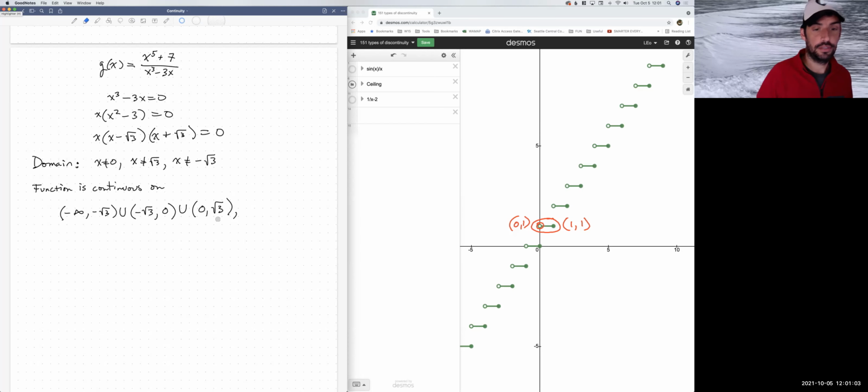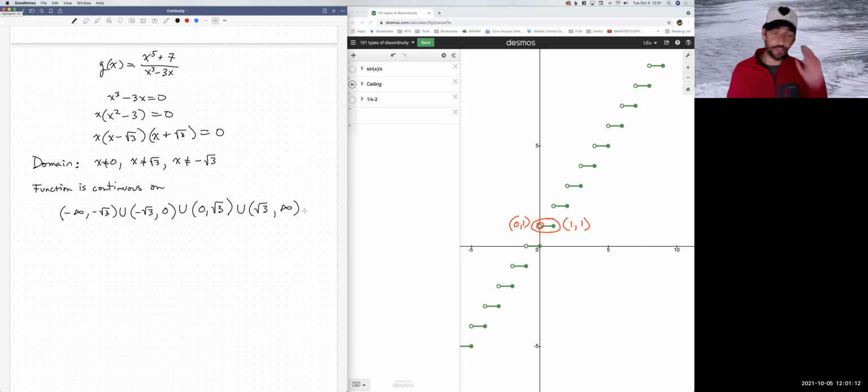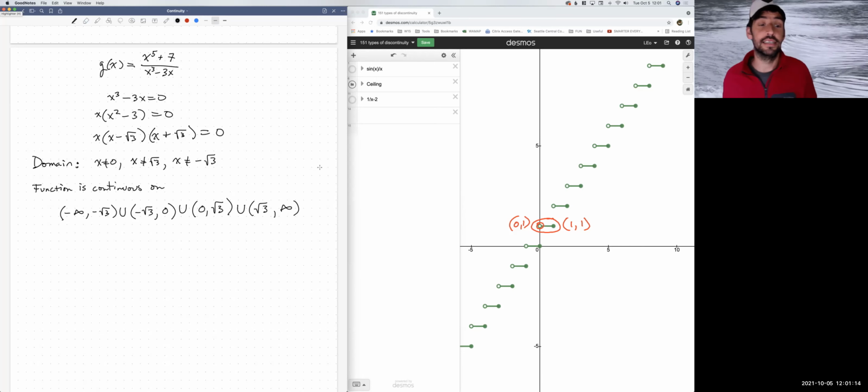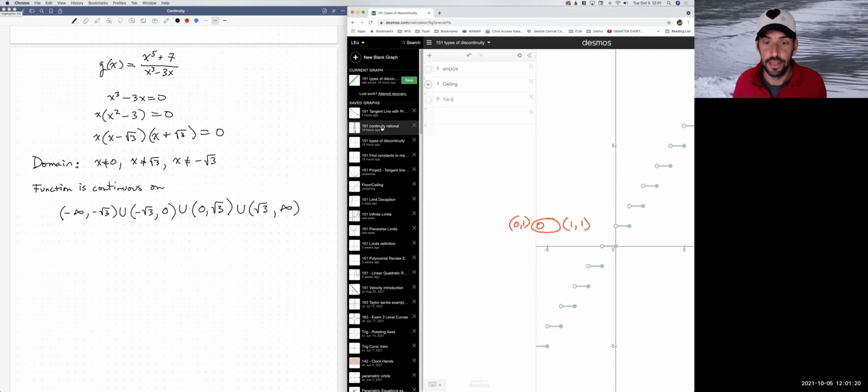Oops, not a comma, we want a union. And then root 3 to infinity. So on all these intervals, this function is continuous. At those points in between the intervals, it is not.